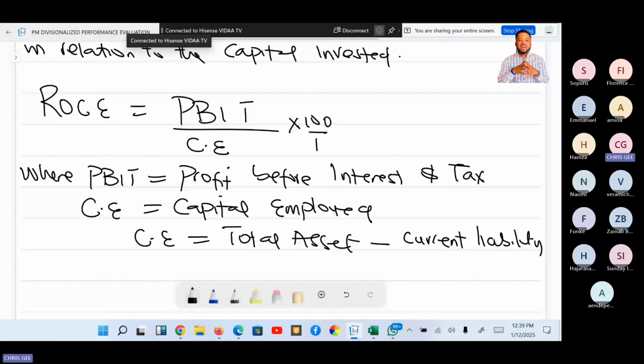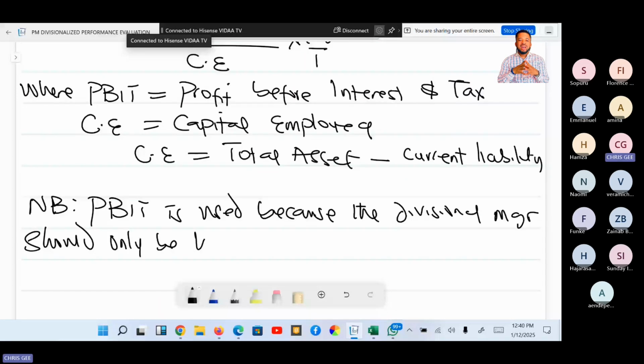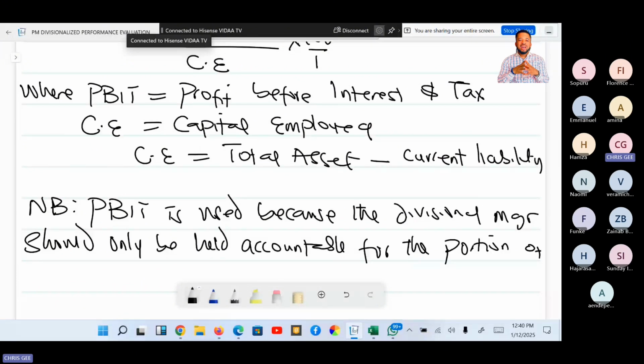Profit before interest and tax is used because the divisional manager should only be held accountable for the portion of profit that is within their control.